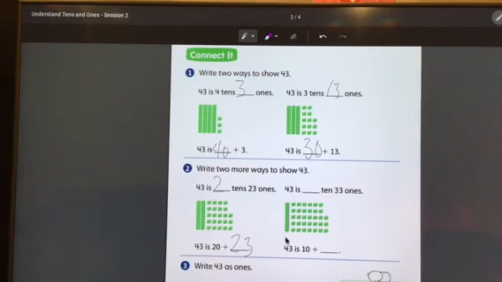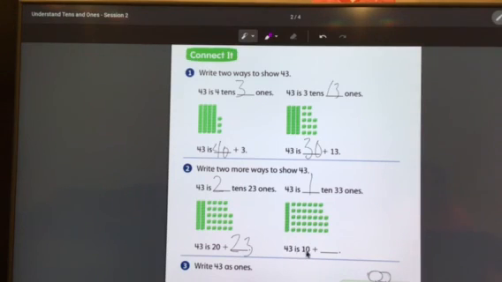So looking here, how many tens do you have? Not all together, don't count these as groups of 10. They just want you to look at how many are in a group of 10. So you can see that we just have 1 ten. So 43 is 1 ten, 33 ones.